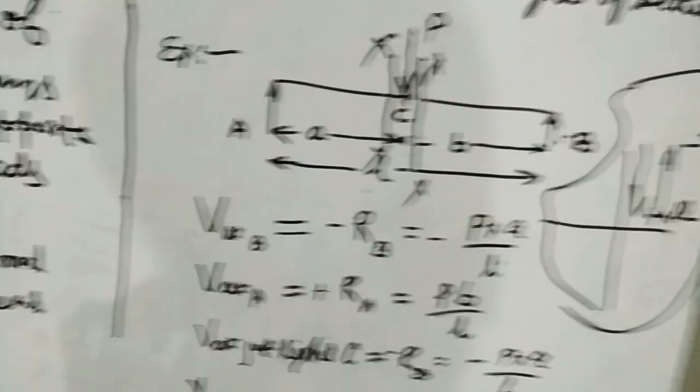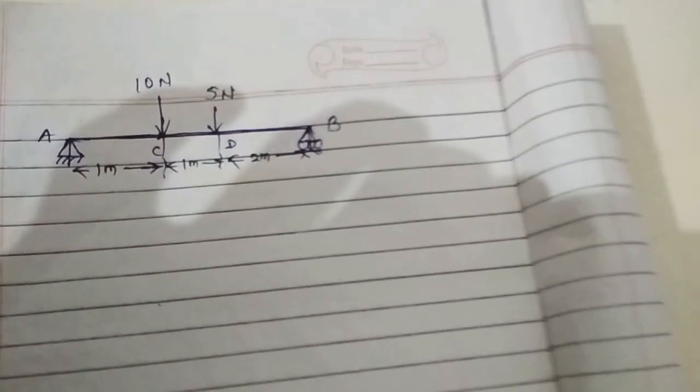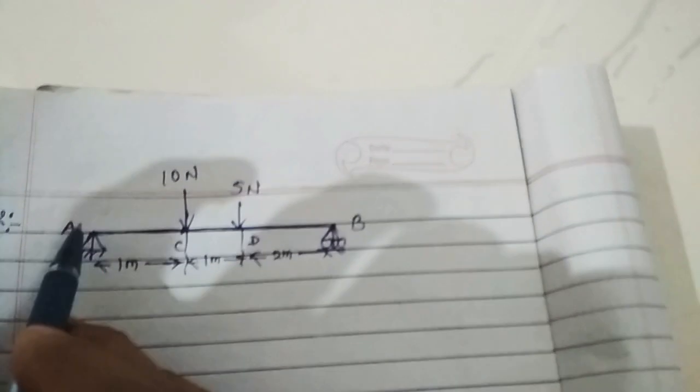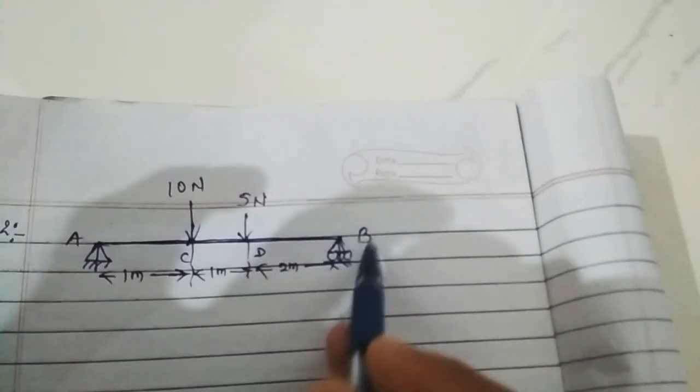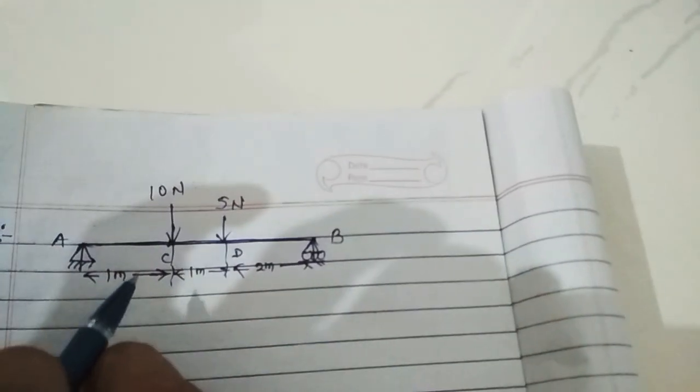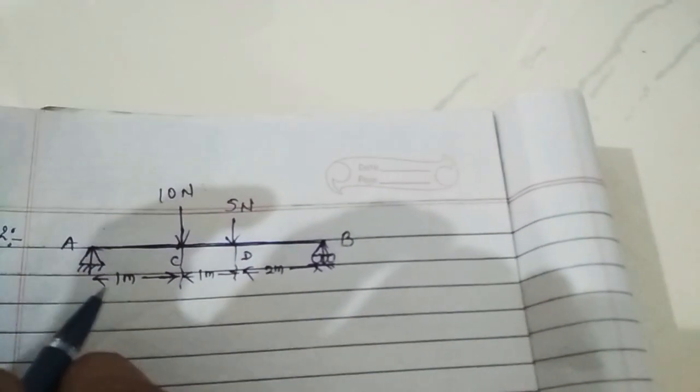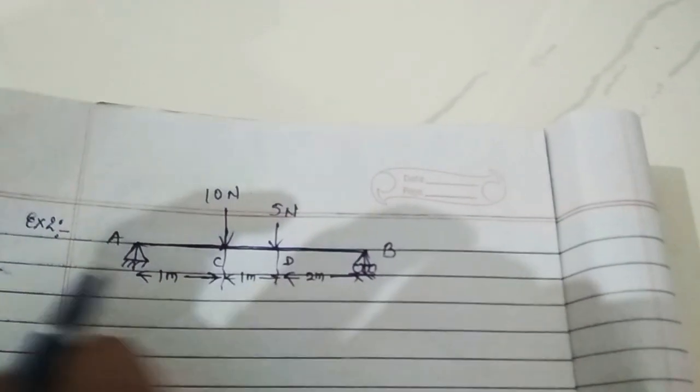To understand the shear force in more detail, now consider one more example. This is a simply supported beam, this point having the pin support and this point having the roller support, and there are two concentrated loads acting: 10 Newton at a distance of 1 meter from A and 5 Newton force acting 2 meter from B, and the length of the beam is 4 meter.